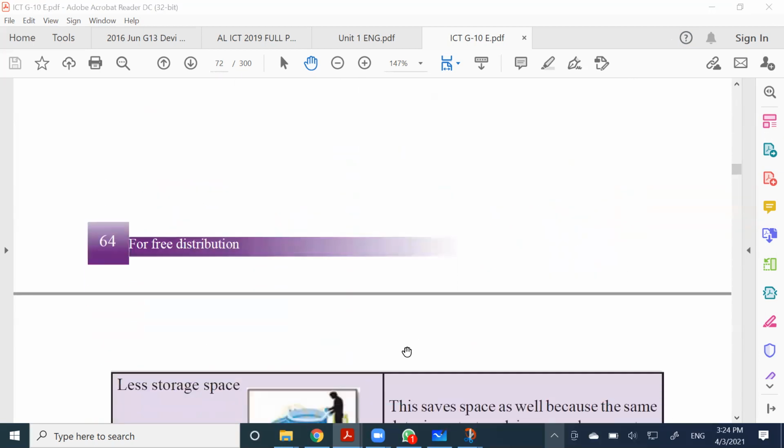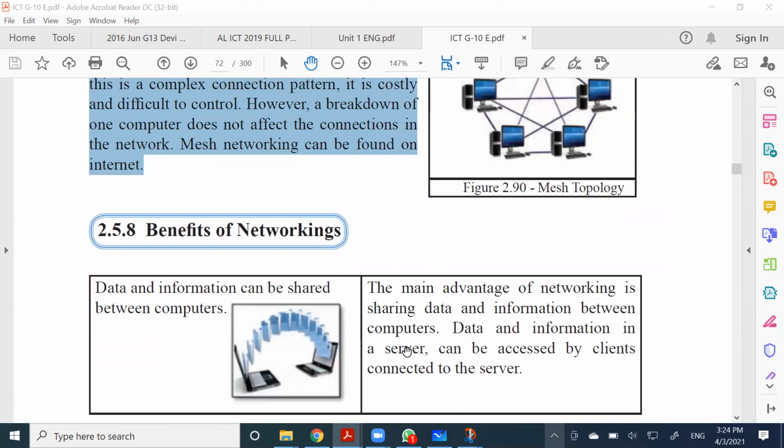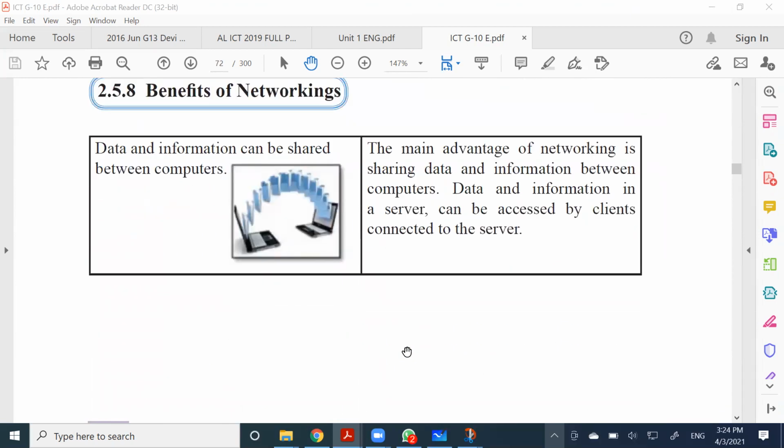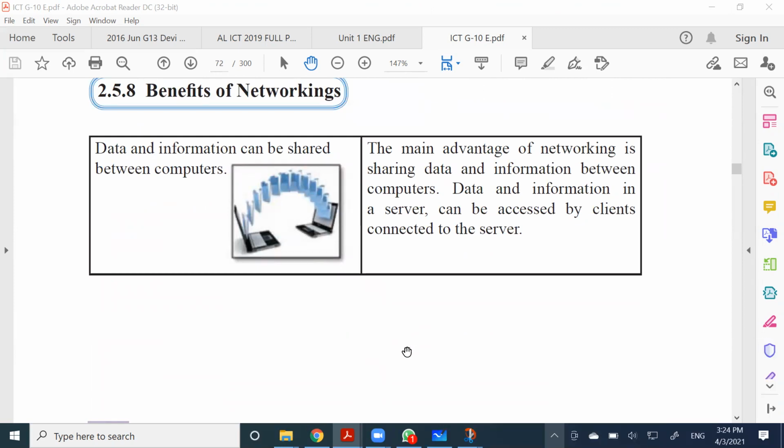So it seems we are coming to the very last part, the benefits and the drawbacks. When it comes to the benefits of networking, data and information can be shared between computers, which is a very beneficial thing. If we don't have a network, we have to take an external storage device like a pen drive or a CD or a DVD.